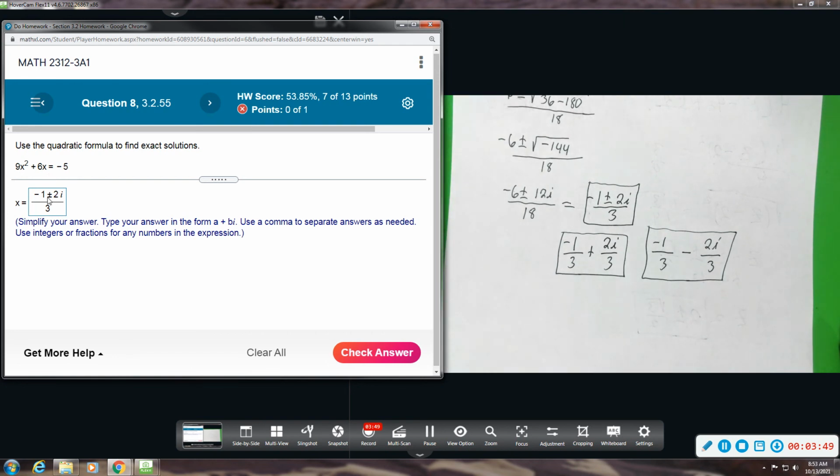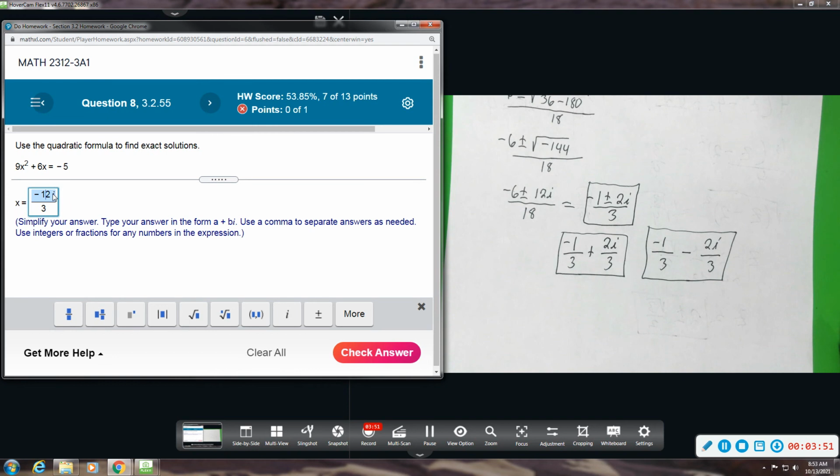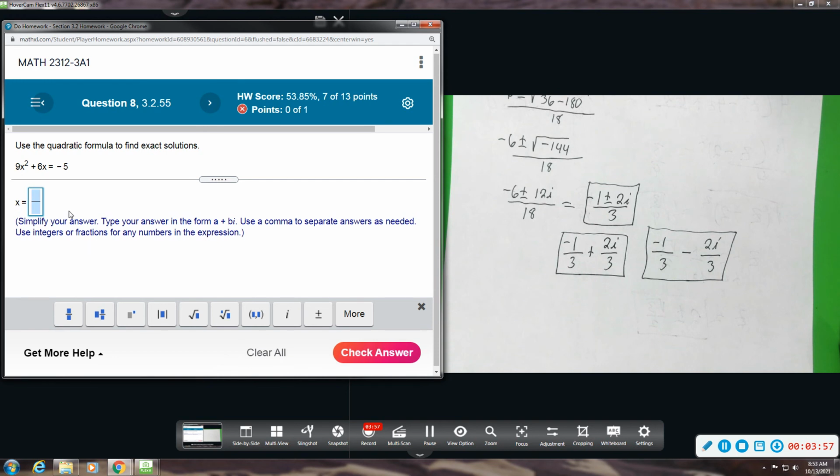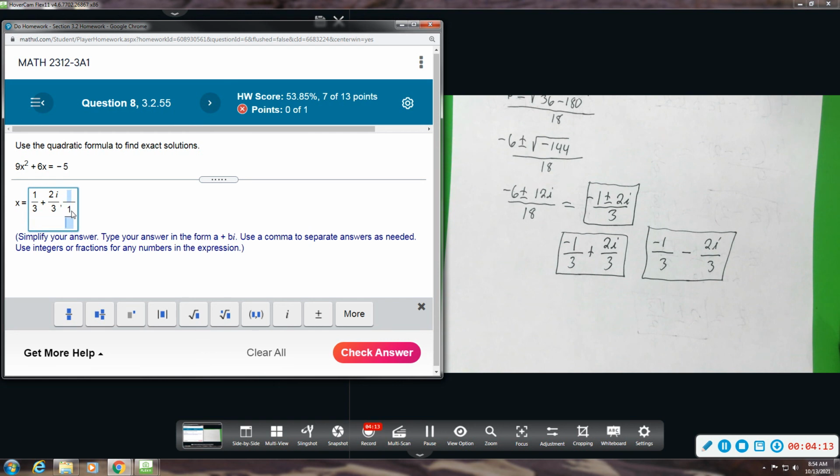So first, what I'm just going to do is write this out. Actually, I've got to do the whole thing. 1 over 3 plus 2i over 3. And then comma, a space, 1 over 3.